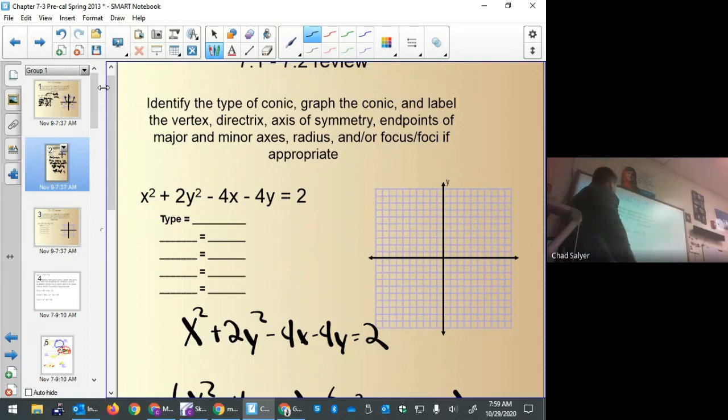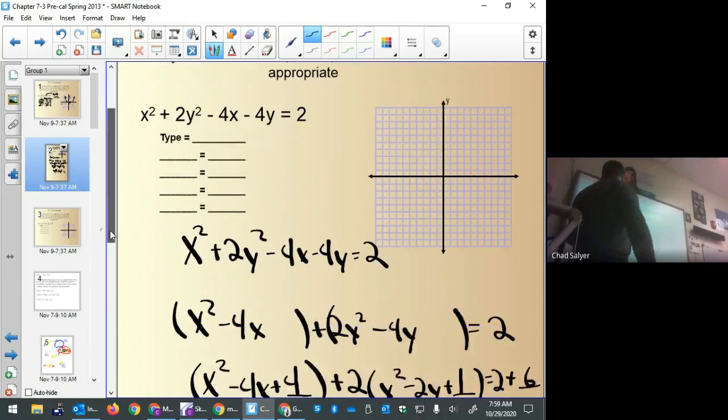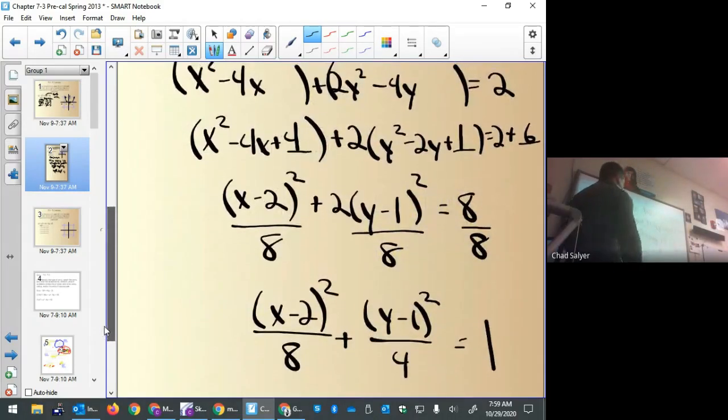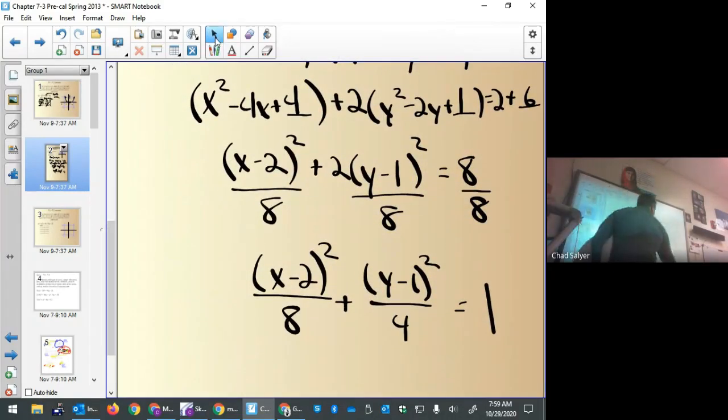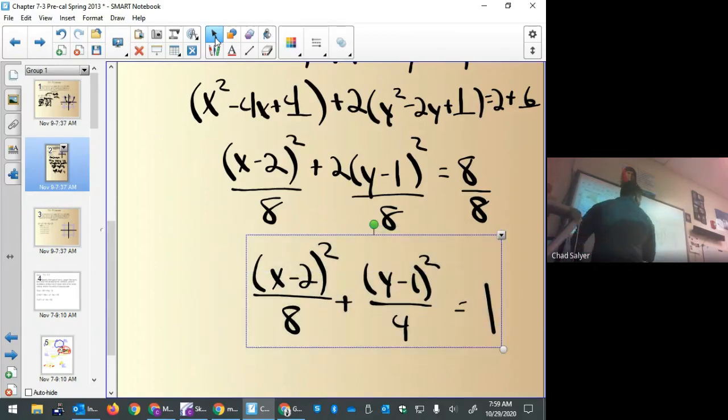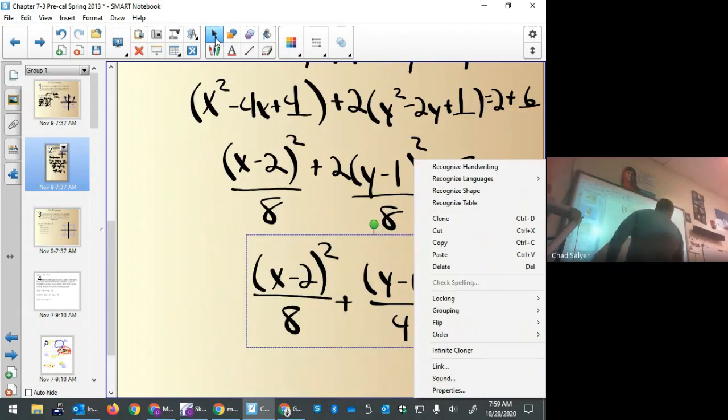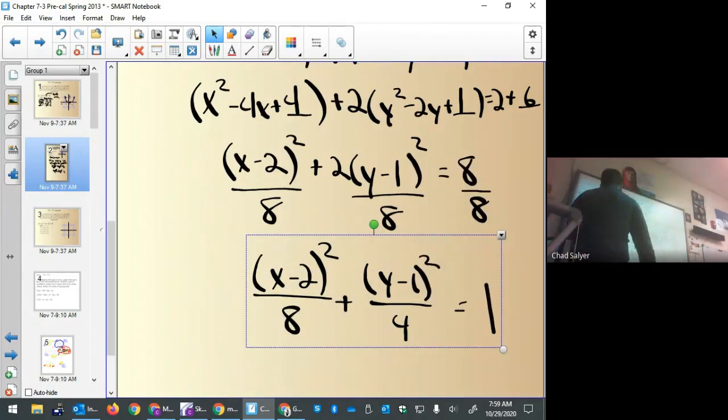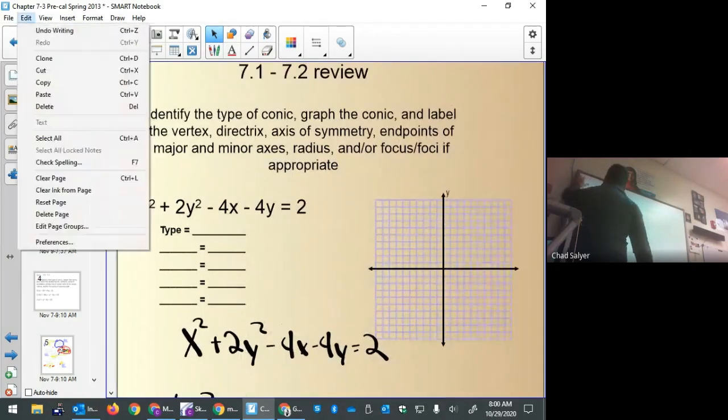And then see how they have different coefficients? Ellipse. If they have different signs, in other words, one positive and one negative, hyperbola. But anyway, moving it to standard form, it looks like this. So we've got now the same equation in standard form. So let's use that one instead.